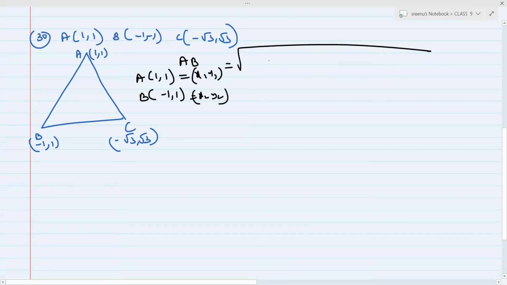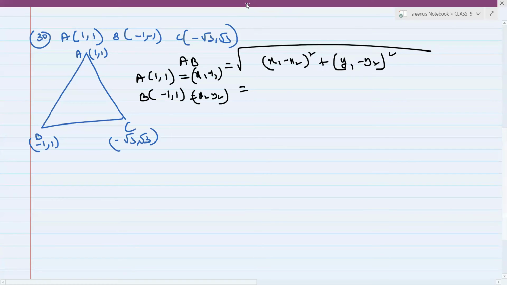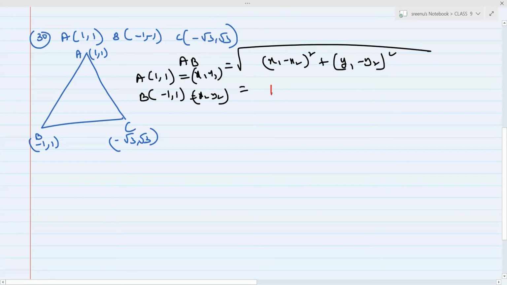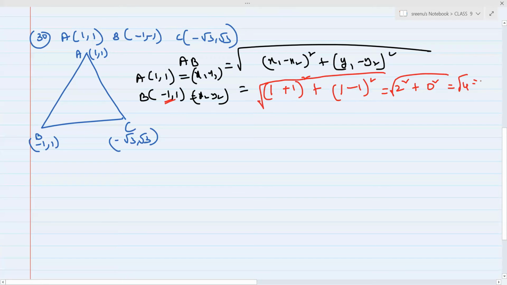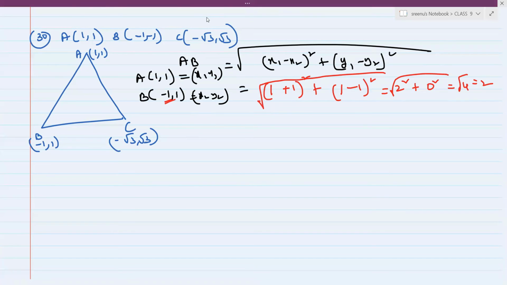The formula is the square root of (x1 minus x2) whole square plus (y1 minus y2) whole square. x1 is 1, x2 is -1, so minus becomes plus. y1 is 1, y2 is 1. So 1 plus 1 is 2, 1 minus 1 is 0. 2 square is 4, √4 is 2. AB is over.